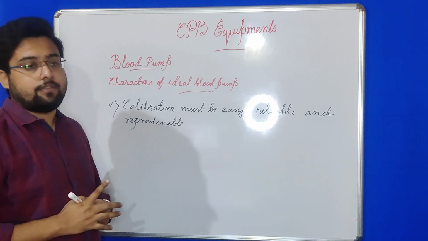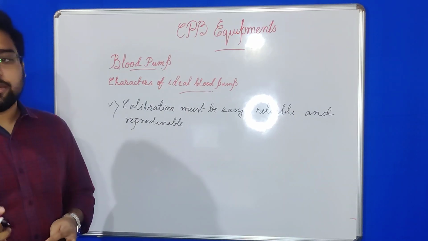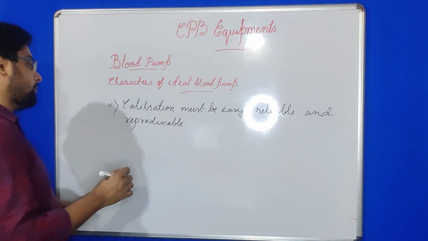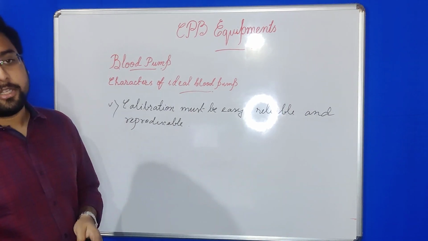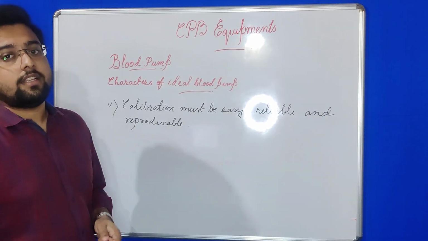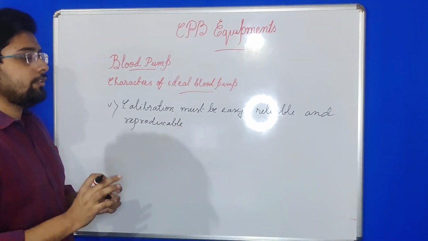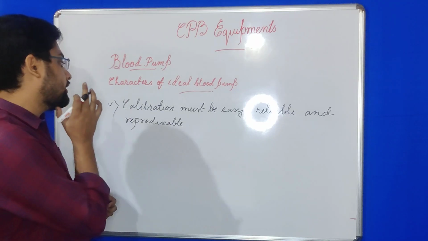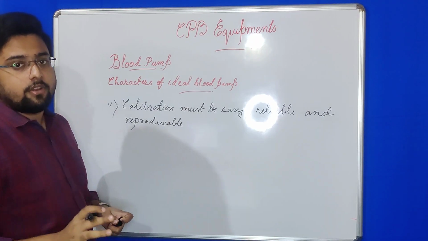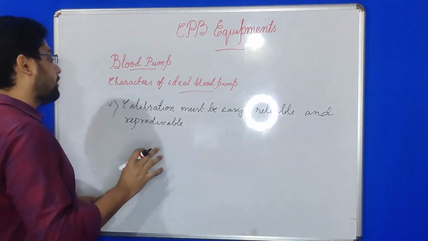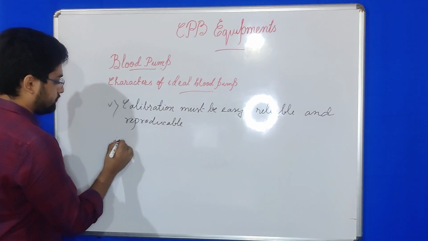Next is availability for both manual and automatic operation. Why do we need manual operation? Because at the time of a power cut, which is very uncommon in the OT, but if it occurs, then we must have the option of manually operating the pump.